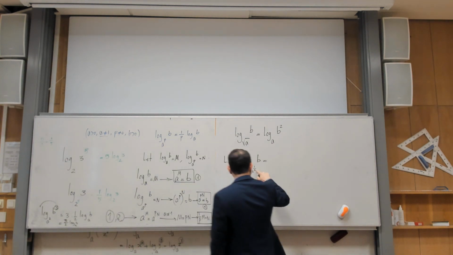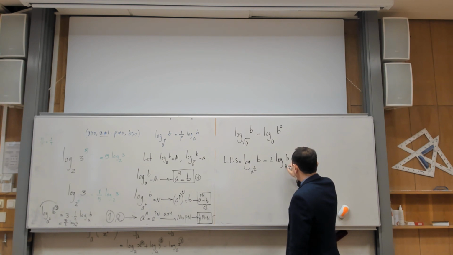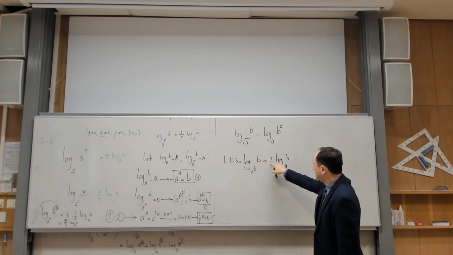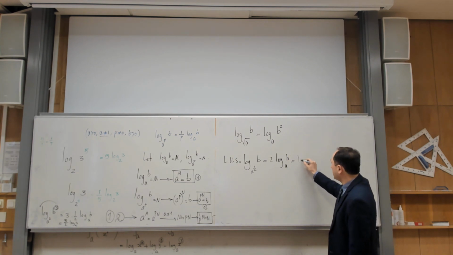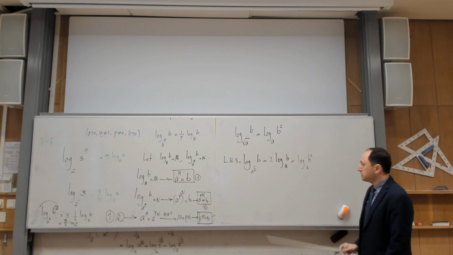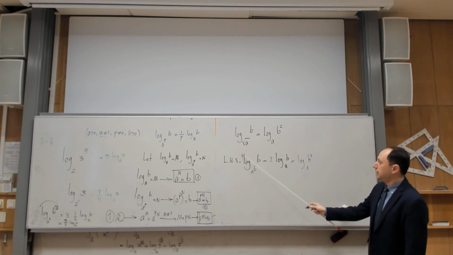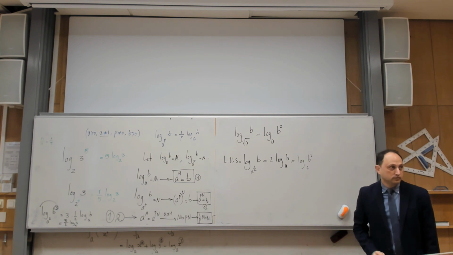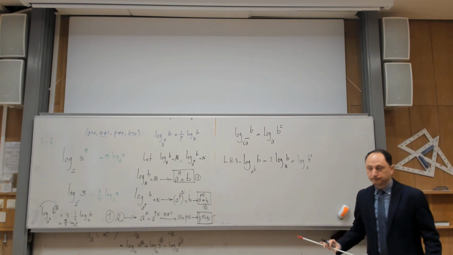So this becomes 2 and goes back. But now 2 is there, so you can put it on top here. So then it becomes log of b squared in base a. So it means that I took 1 over 2 from here, moved it to the back, and then moved it up. Is that clear? Yes or no? Yes. Okay.